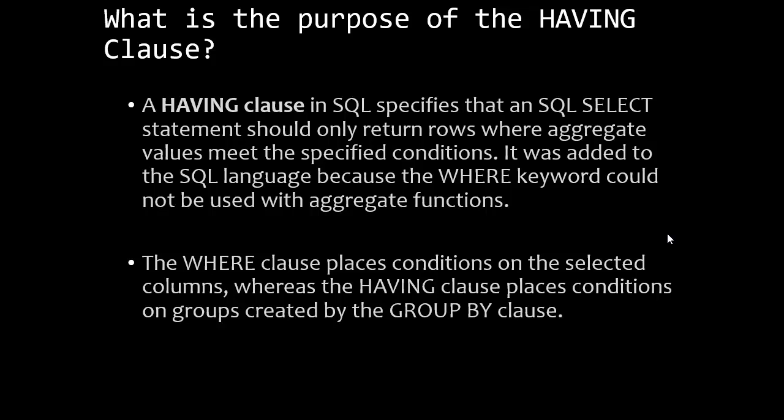All aggregate filtering is done in a having clause. All non-aggregate filtering, meaning any other column in our select statement, is done in a where clause. So basically SQL created this particular clause to separate those two.